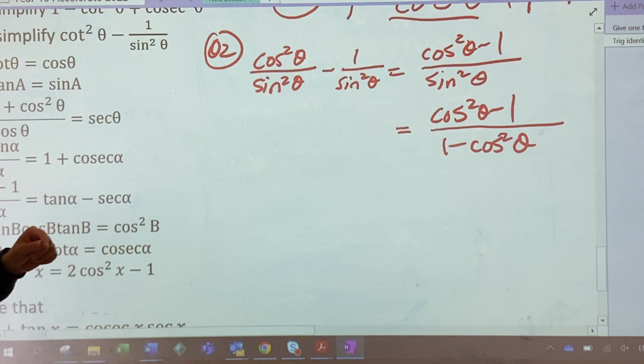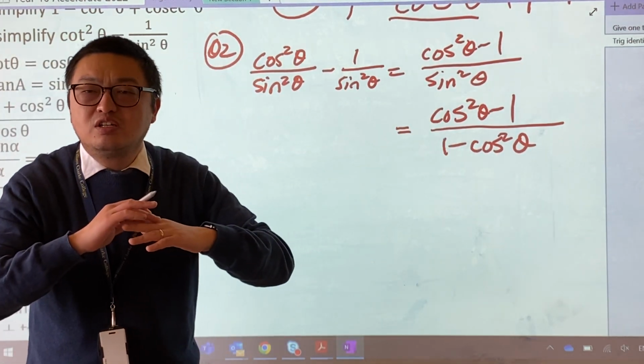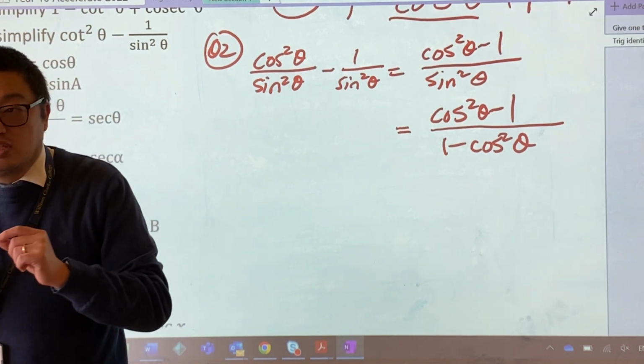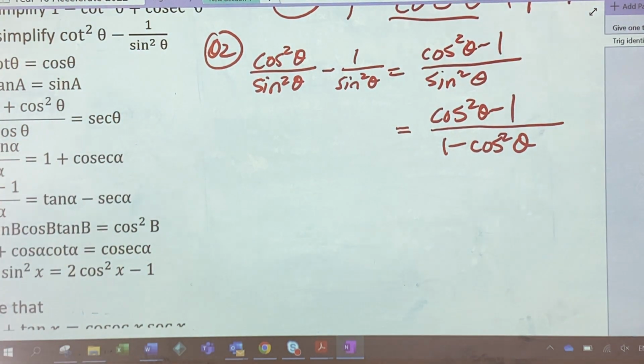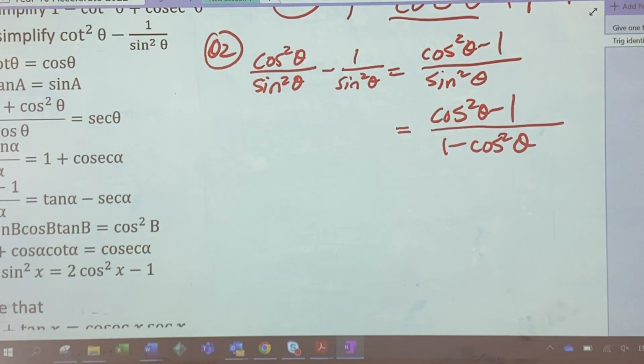I hope at this stage people notice that these two are so similar, just a negative sign difference. So what do I do? I take the negative out, top and bottom cancel, finish, the answer is negative 1. All you are doing is factorizing.